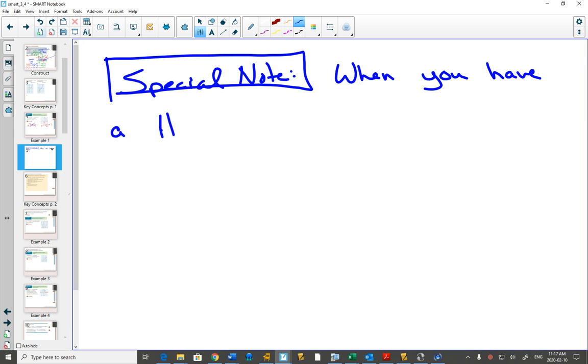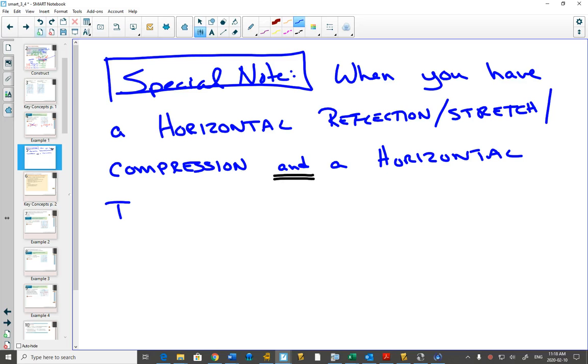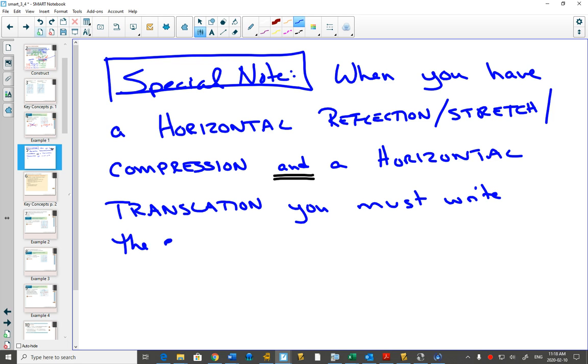So when you have a horizontal either reflection or a stretch or compression, in other words, any number in front of the x, even if it's just a negative, and a horizontal translation, you must write the equation in factored form.